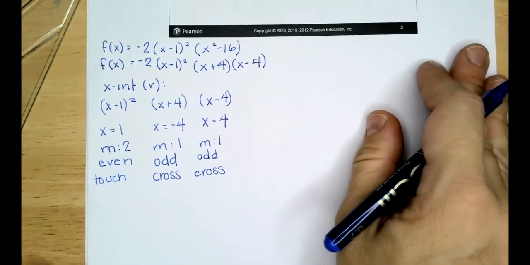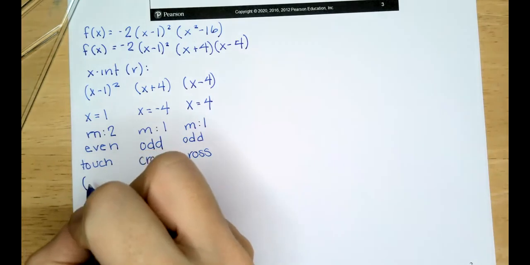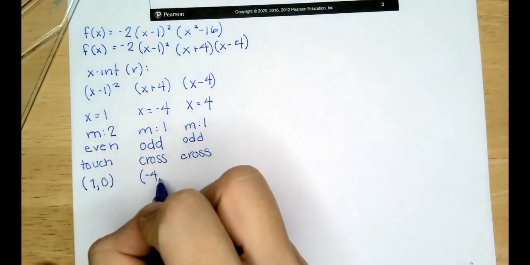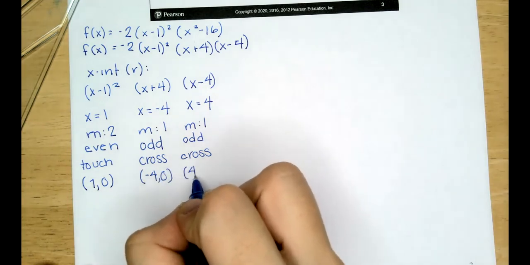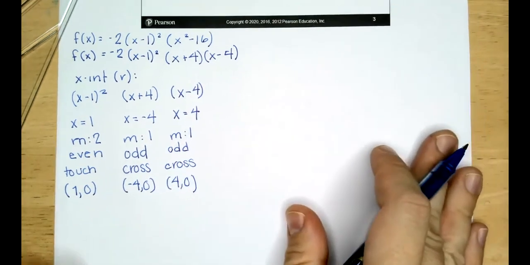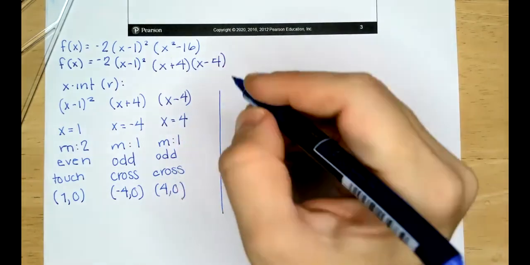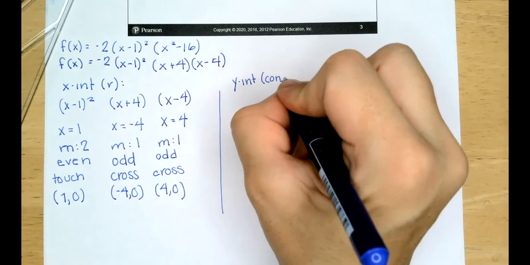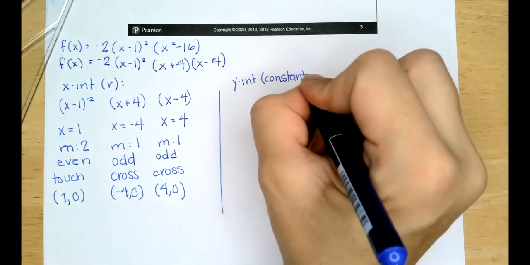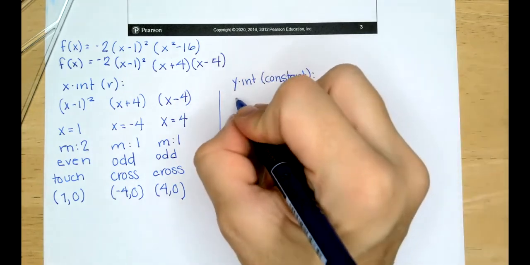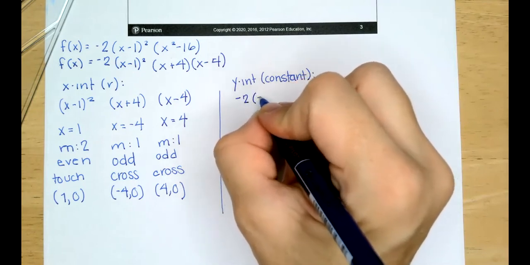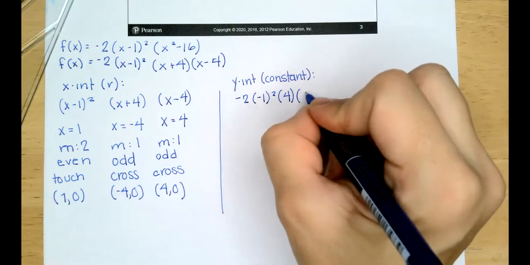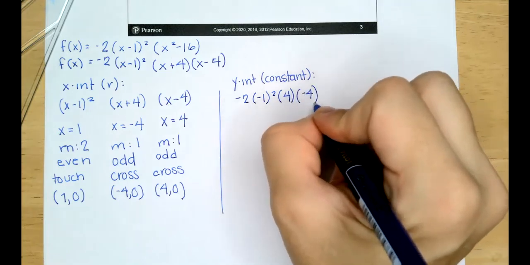Those are my x-intercepts. So I have (1, 0), (-4, 0), and (4, 0) as my x-intercepts. For my y-intercept, or my constant, I'm going to multiply -2 times (-1) squared times +4 times -4.